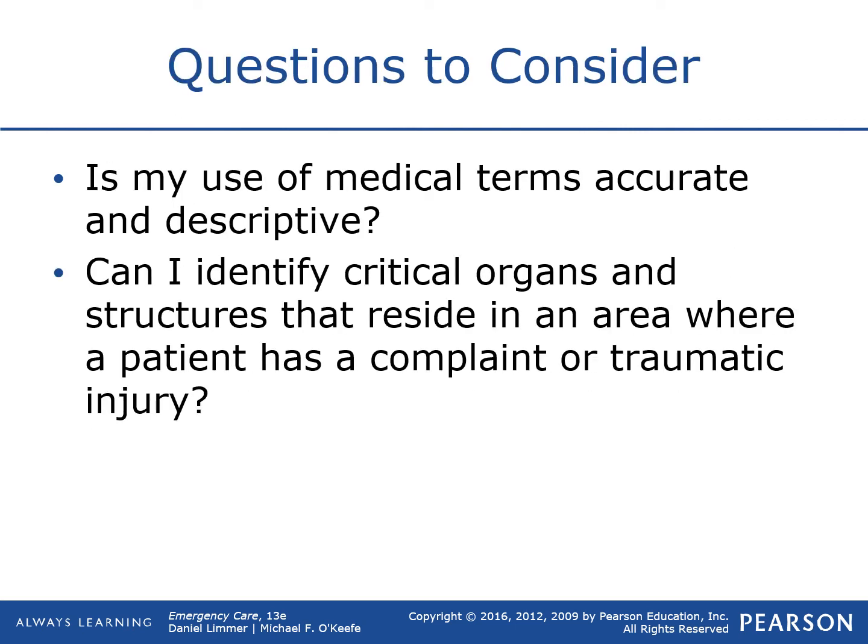So throughout your career, always consider, is your use of medical terms accurate and descriptive? And also be sure that you can identify critical organs and structures that reside inside an area where a patient has a complaint or traumatic injury. Again, if someone has an injury to the right upper quadrant, know what's in that right upper quadrant.